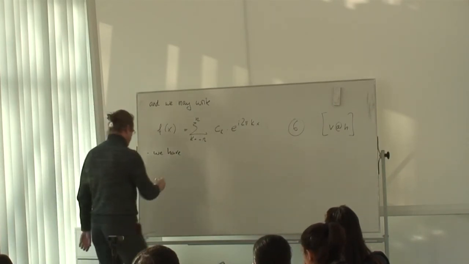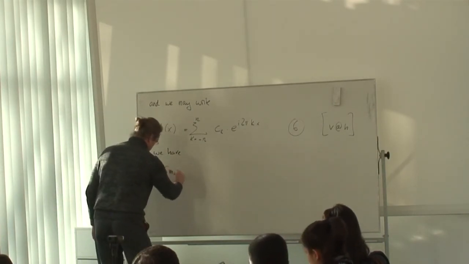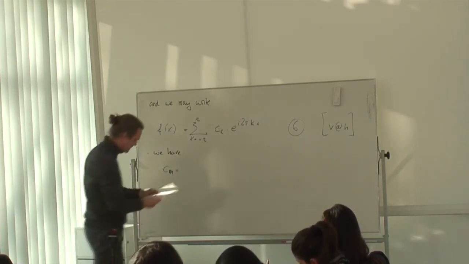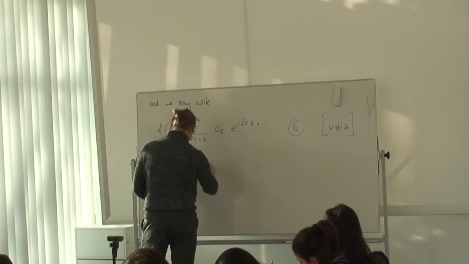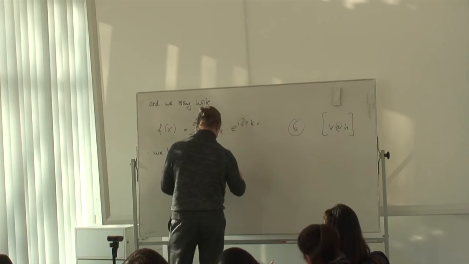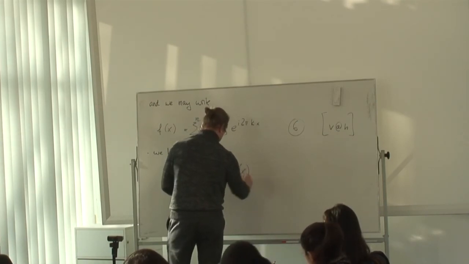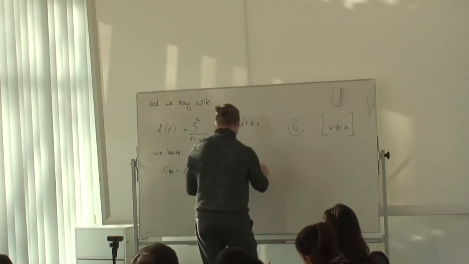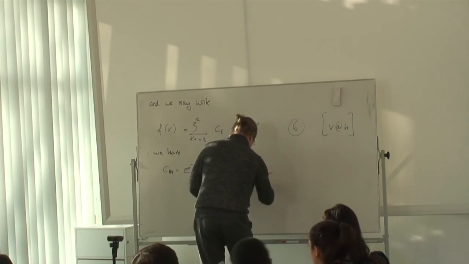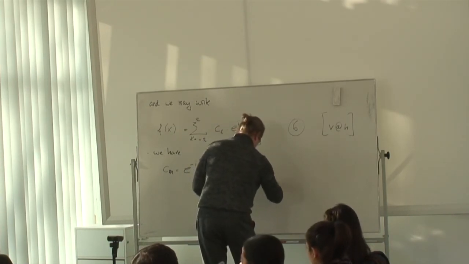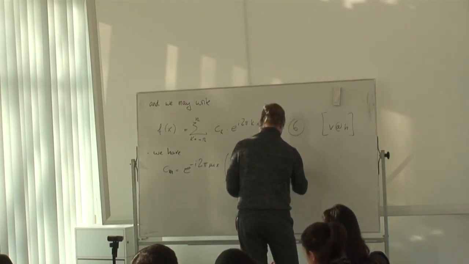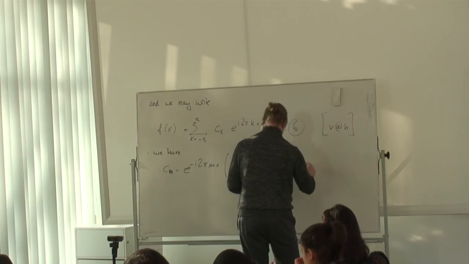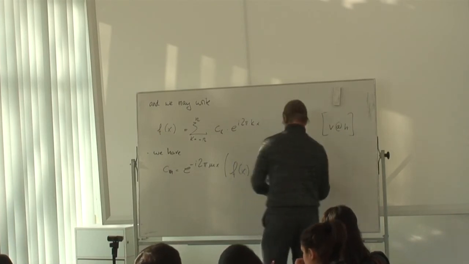So we have, long story short, cm can be written as e to the minus i 2 pi mx times f of x minus the sum where k ranges over all the indices not m, ck e to the i 2 pi kx.